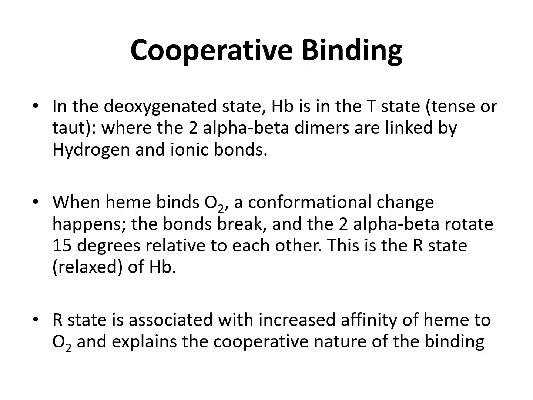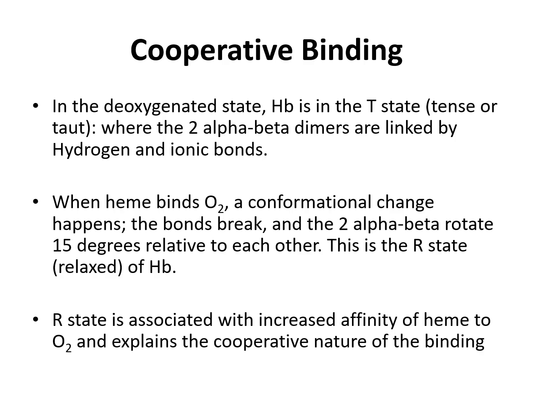The two alpha beta dimers are linked. We said the alpha 1 beta 1 are linked together by hydrophobic groups, and the alpha 2 and beta 2 are linked together by hydrophobic groups. But the two dimers, alpha 1 beta 1 and alpha 2 beta 2, also interact through hydrogen and ionic bonds.